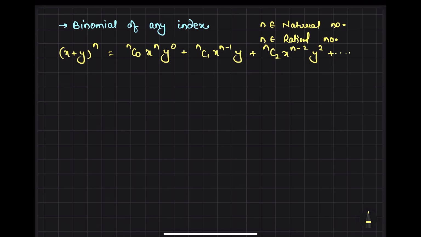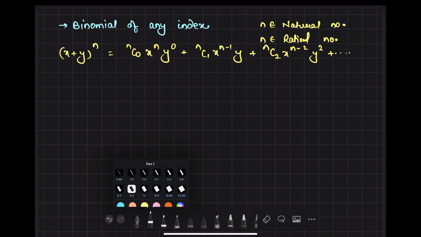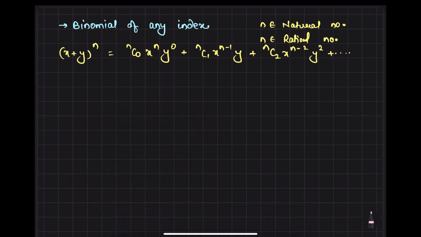Now you know that here n is not a natural number, correct? So we cannot write nC0, because nC0 means binomial coefficient, which is defined for natural number n and whole number 0, correct? So we cannot write this.